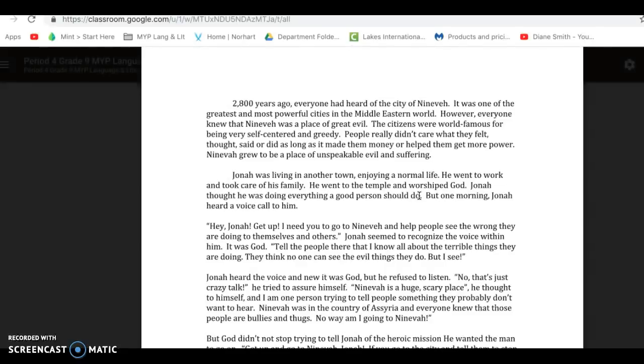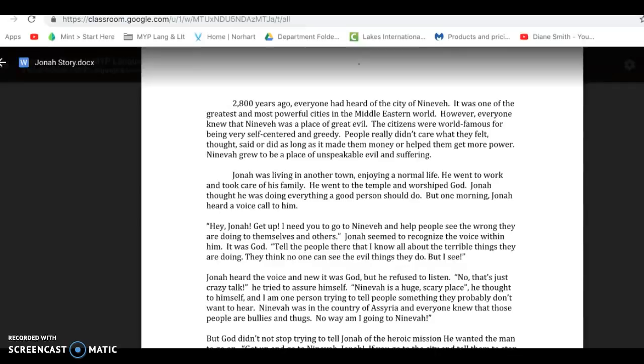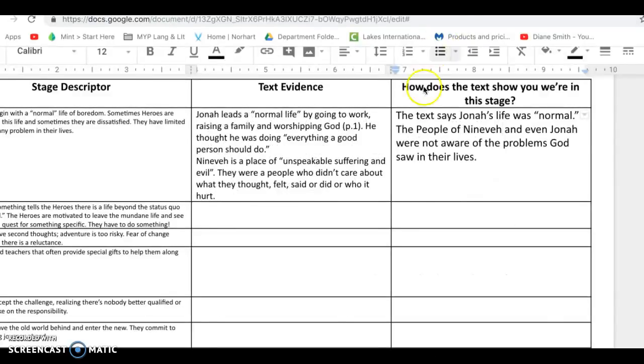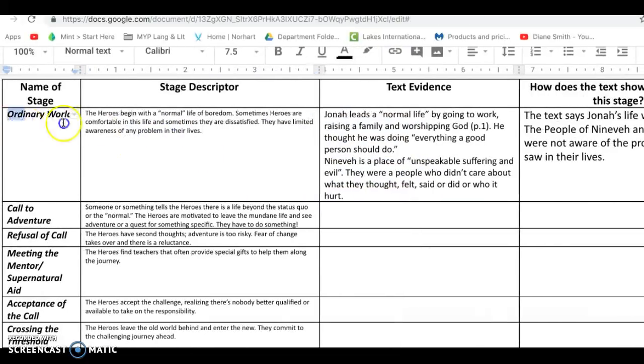God is going to put him on a path and help him consider maybe he's not doing everything a good person should do. So there's a lack of awareness. And so that's why I'm putting that the people of Nineveh and Jonah were not aware of the problems God saw in their lives. So this column helps me explain how I know that this evidence is linked to this stage.